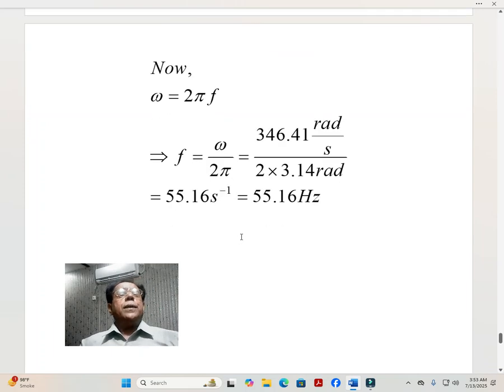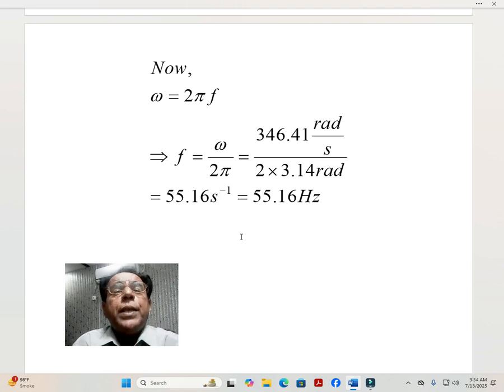Now omega, angular frequency, is equal to 2 pi f. From here this implies that f will be equal to omega over 2 pi. We have found omega in the previous step, which was 346.41 radian per second over 2 pi, 2 into 3.14. Here, dear students, once again, as I have mentioned many times, 2 pi is always associated with radian while calculating angular frequency or angular measurements.